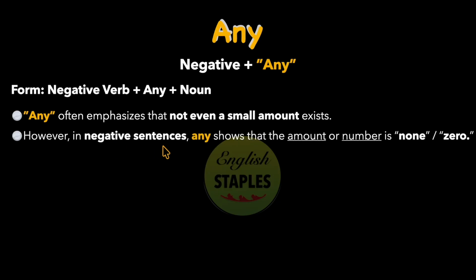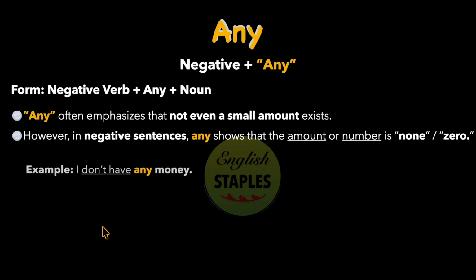However, in negative sentences, any shows that the amount or number is none or zero. In a lot of circumstances, we see any meaning not even a small amount. But in negative sentences, any shows that the amount or the number is none or zero.